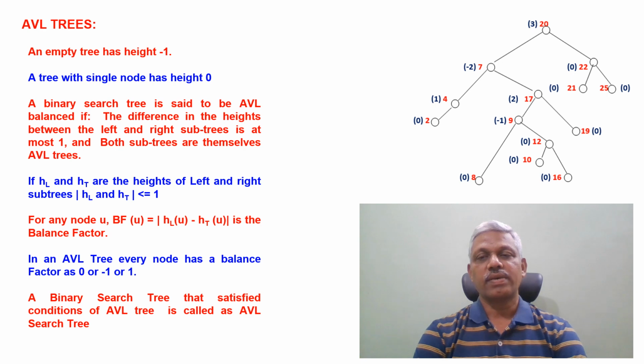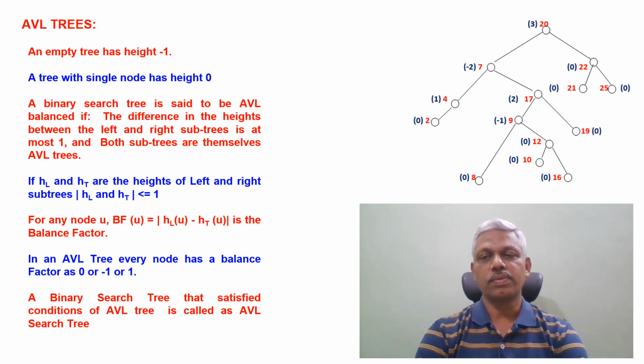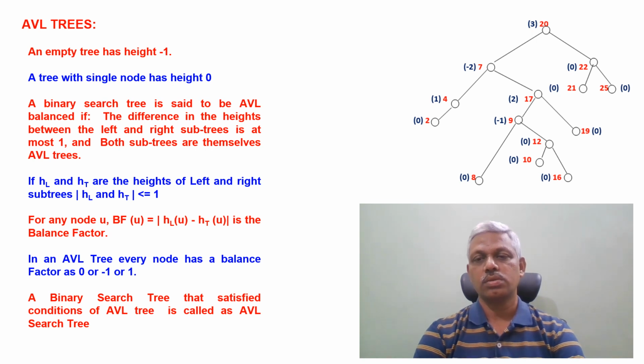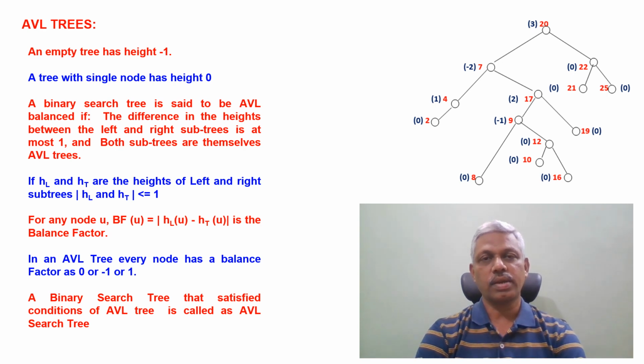For the vertex 7, the left subtree has 2 edges, whereas the longest path in the right subtree is 7, 17, 9, 12, and 16. So 4 edges are there. So the difference between the lengths of the left and right subtrees is 2 minus 4, so -2 is the difference. So the balance factor is -2.